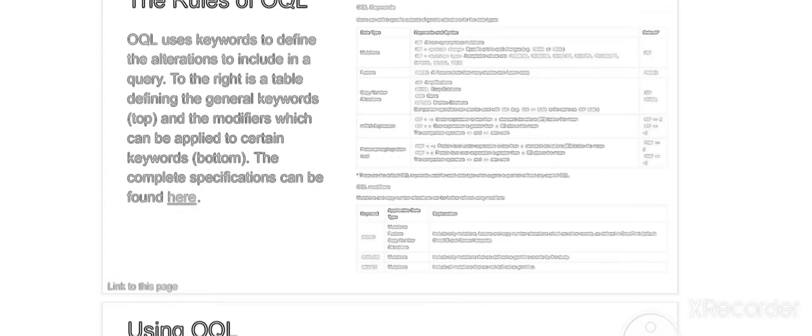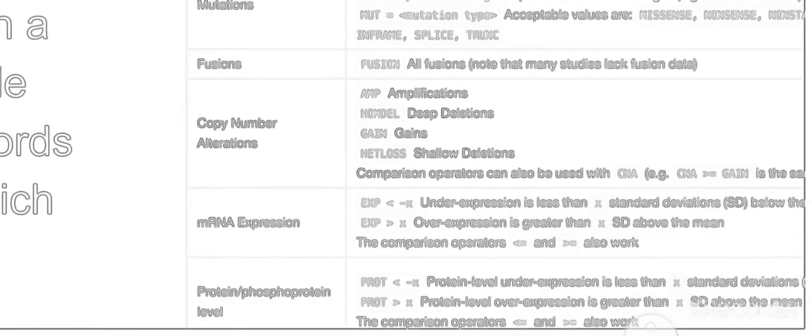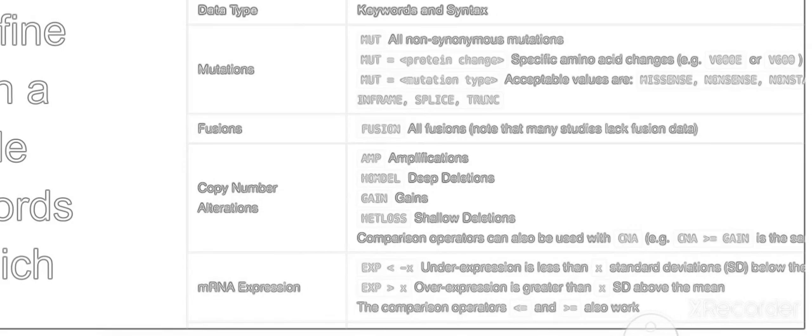Onco Query Language uses keywords to define the alterations to include in a query. There is a table defining the general keywords at the top, and the modifiers which can be applied to certain keywords at the bottom. The complete specifications can be found here. So let's look here. These are mutations with their keywords and syntax, and these are fusions with keywords and syntax.